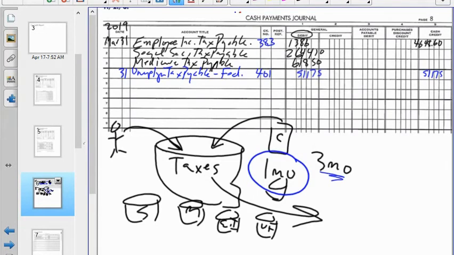And the instructions say you got to do the same thing for your state unemployment. So on the 31st, I have unemployment tax payable state. That's check 402. The instructions say I've been setting aside $3,454.34, so cut the check for $3,454.34.